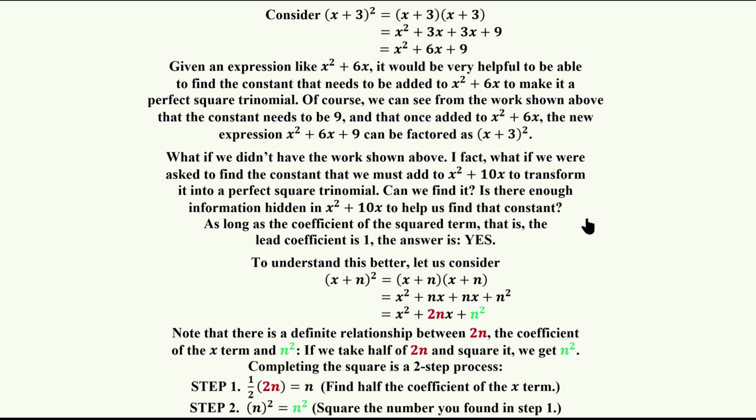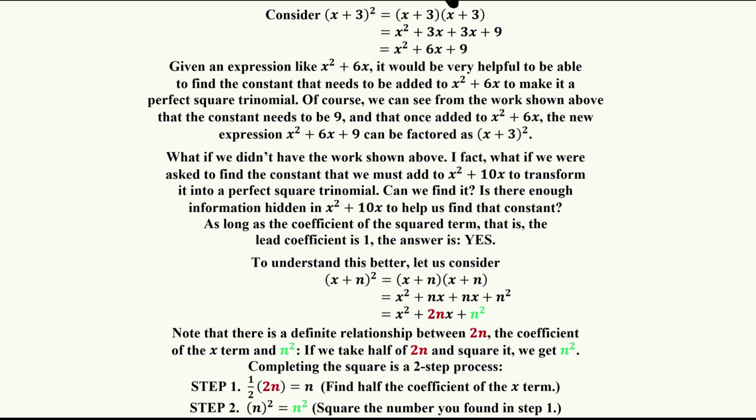And regarding the question of is there enough information hidden in just those two terms, it turns out that if the coefficient of the x squared term, which we call the lead coefficient because it's the coefficient of the highest degree term in a quadratic expression like that, is 1, then the answer is a resounding yes. To see why that's true, let's look at a more general form, such as x plus just some unknown number n squared.